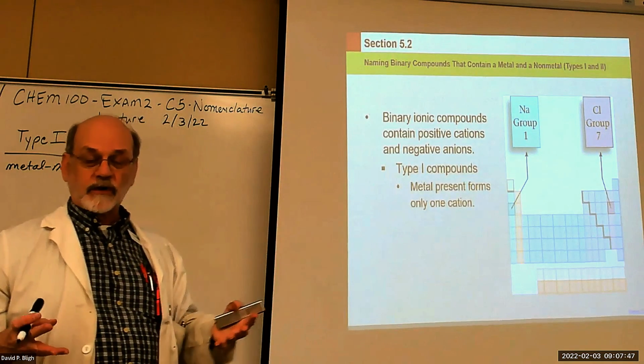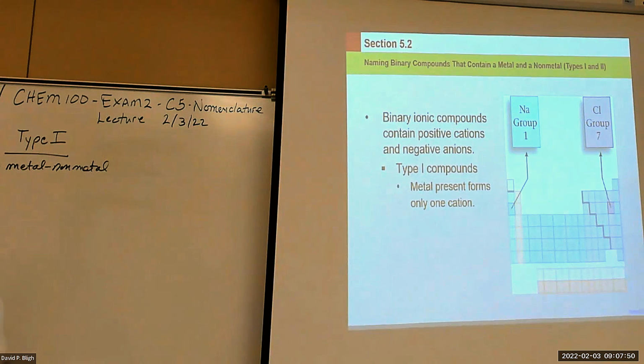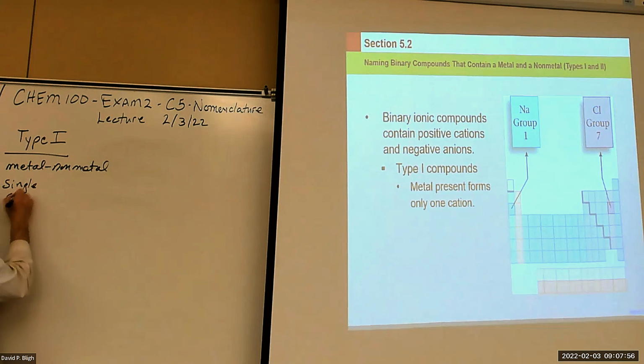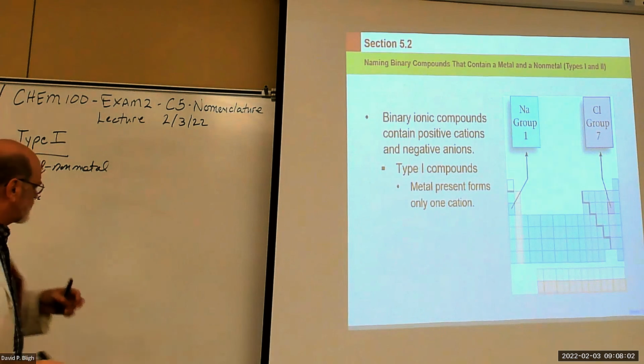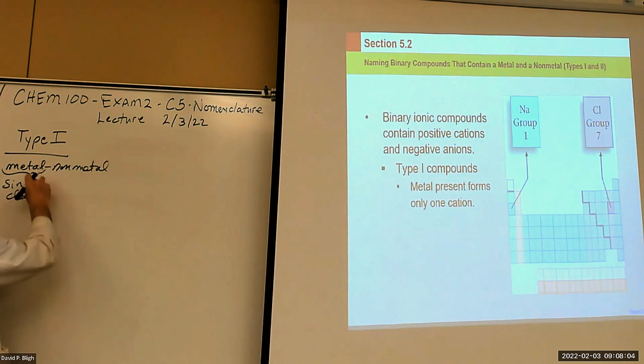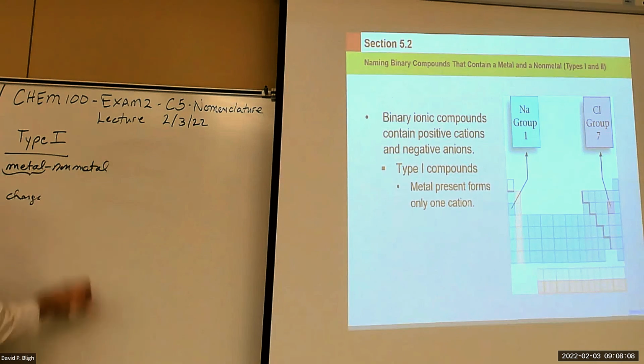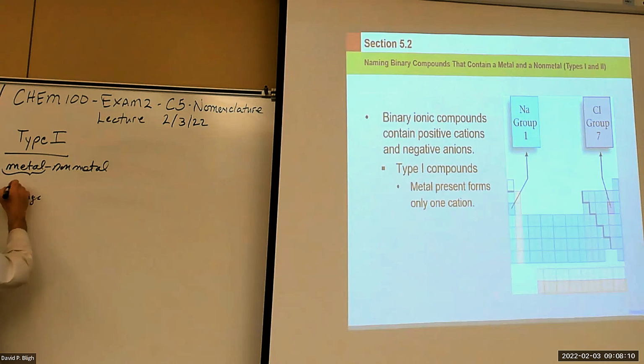That defines a type 1 compound. So we might say single charge for the metal. Well, that's not a good word because single means one. Let's say just say one charge possible. How about that?